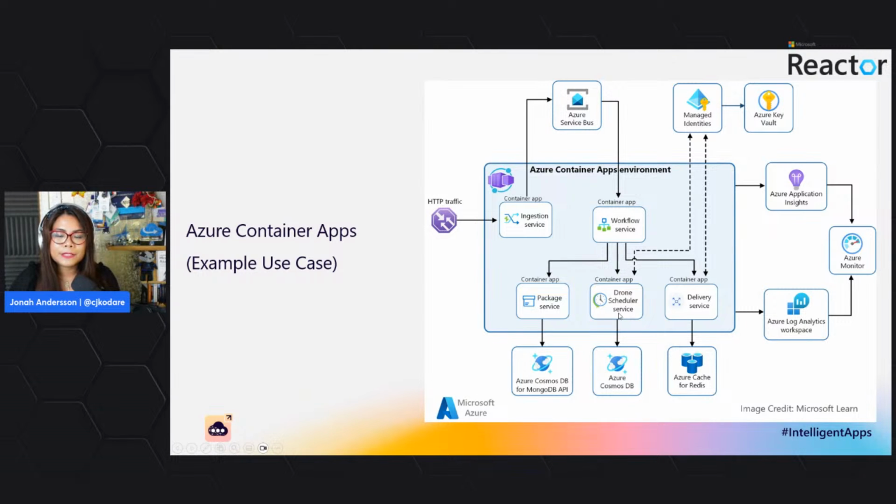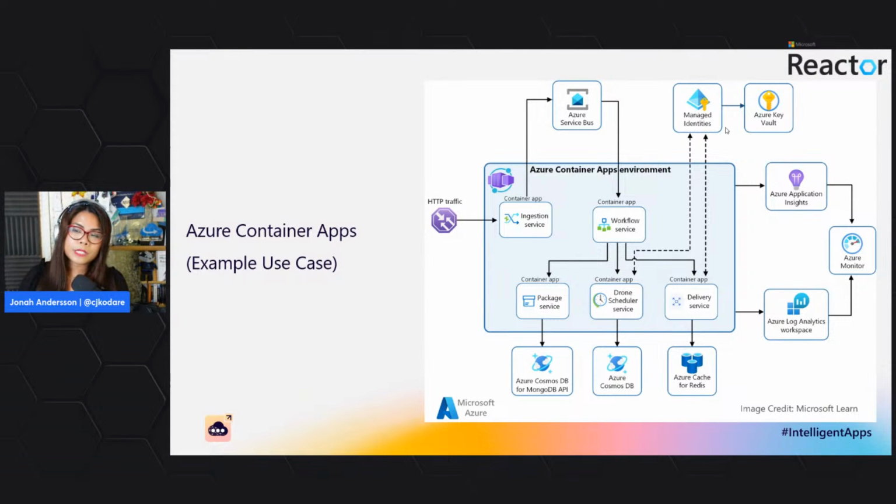One that communicates with Azure Cosmos DB for MongoDB. There's the standard Cosmos DB for the drone scheduler service. And then the delivery service is using another type of database, which is the Azure Cache for Redis. And then when it comes to security and authentication, it can be easily integrated with managed identity.